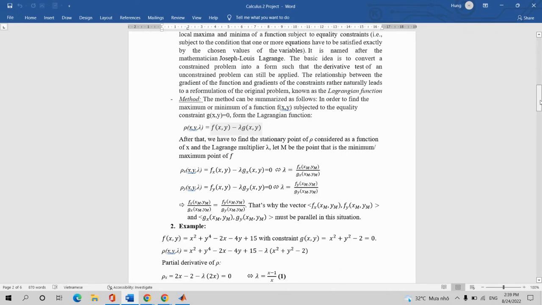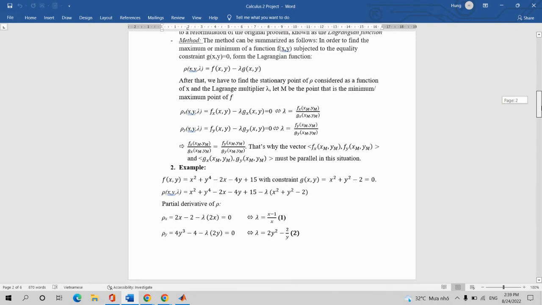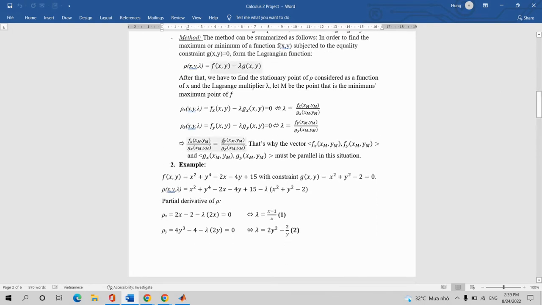We move on to the next equation, which is really similar: fx and gx equal to fy and gy. They are symmetric. That's why the vectors (fx, fy) and (gx, gy) must be parallel in this situation.